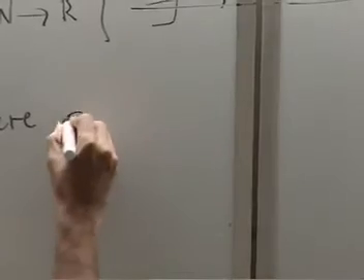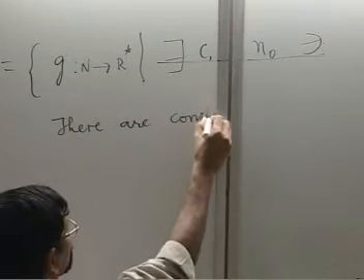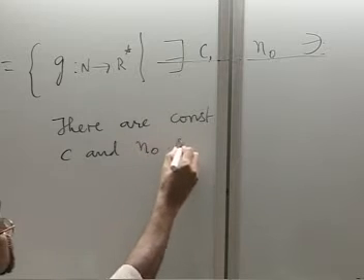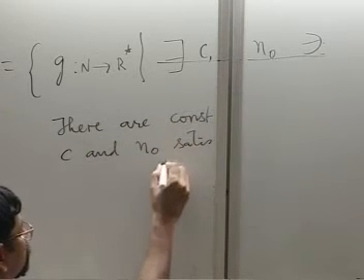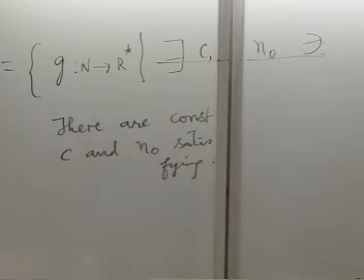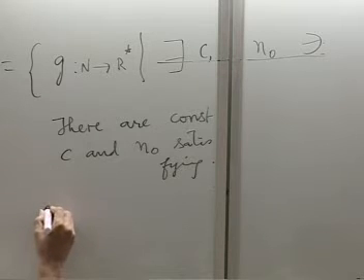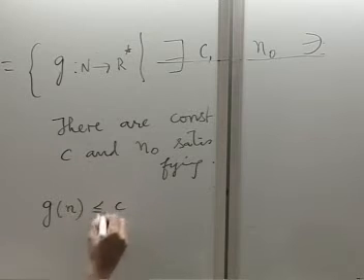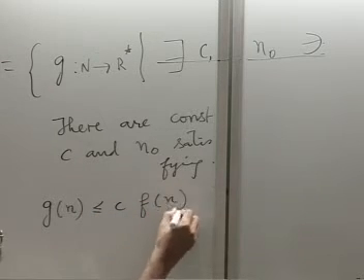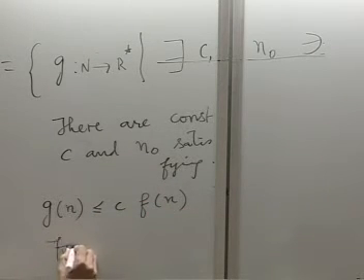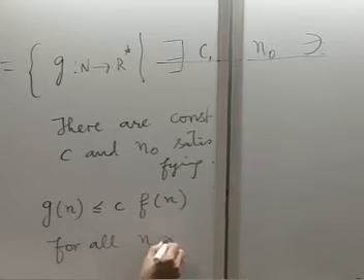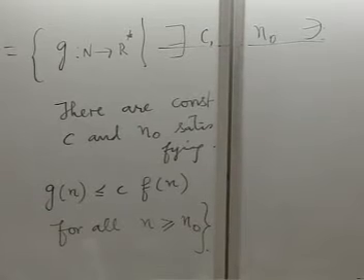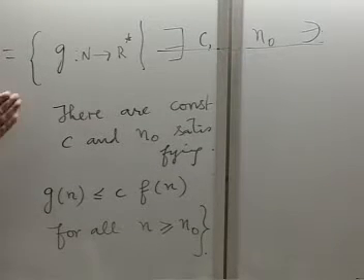Such that there are constants c and n naught satisfying g of n is less than or equal to c times f of n for all n greater than or equal to n naught. This is the formal definition. Starts here and ends here.